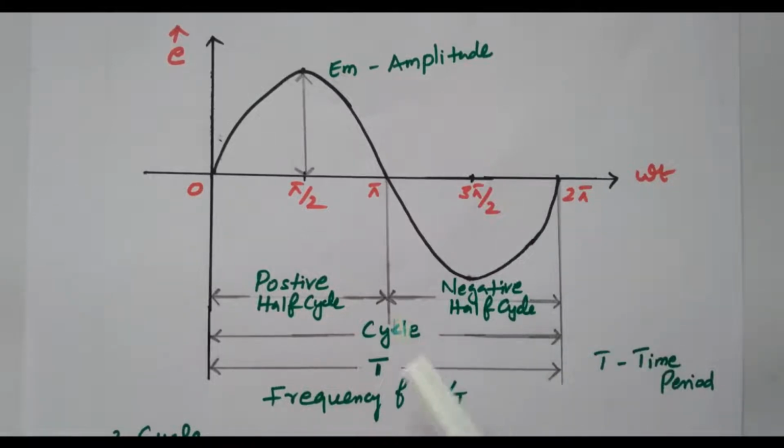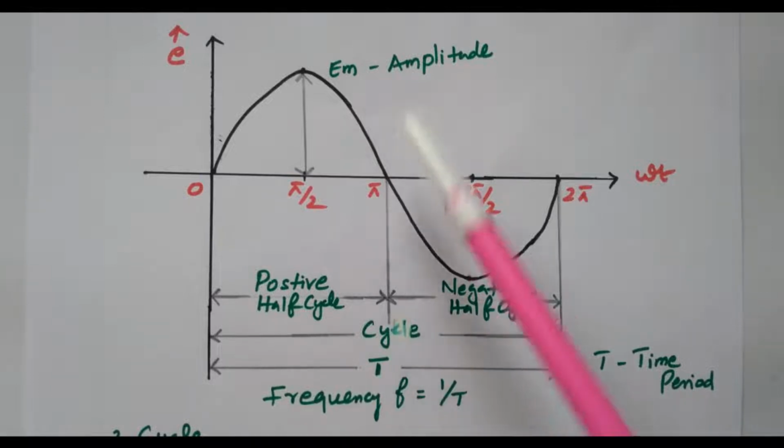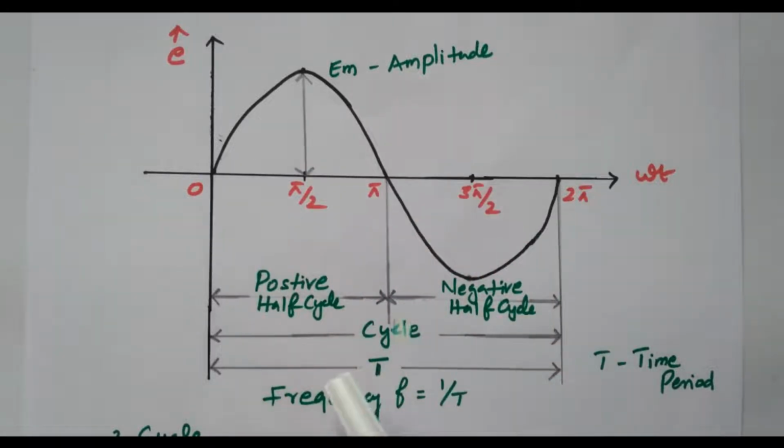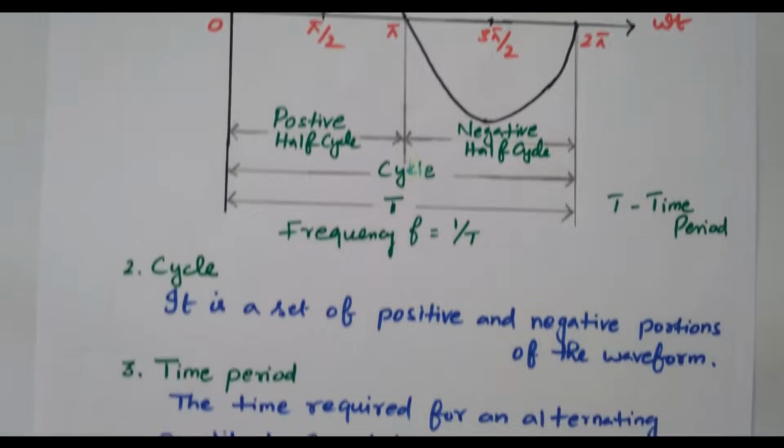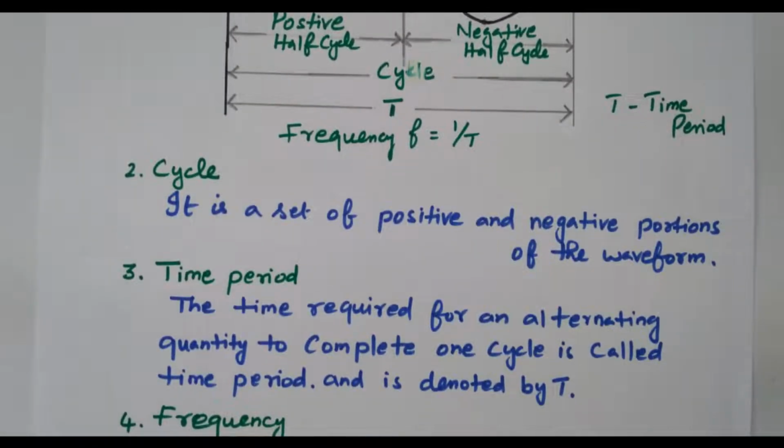Now we'll see this one by one. What is cycle, what is time period, what is frequency, what is meant by amplitude, everything we explained with the diagram. Now we'll see the definitions. Right. Cycle is nothing but a set of positive and negative portions of the waveform.